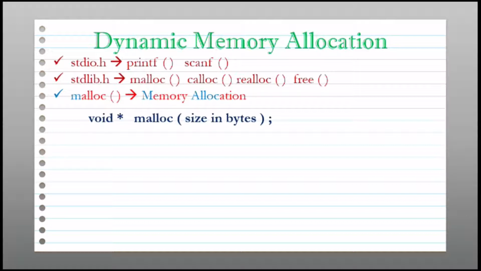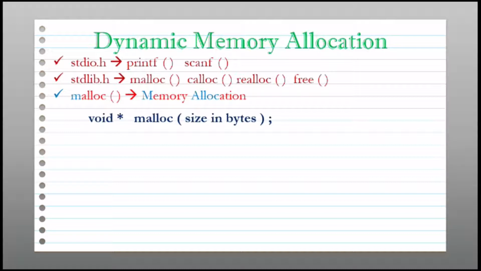If you see the return type, instead of using data types like int or float, the return type is void. So why is the return type void used? Basically void is a generic data type and it can be converted to any data type later on by using the typecasting method.